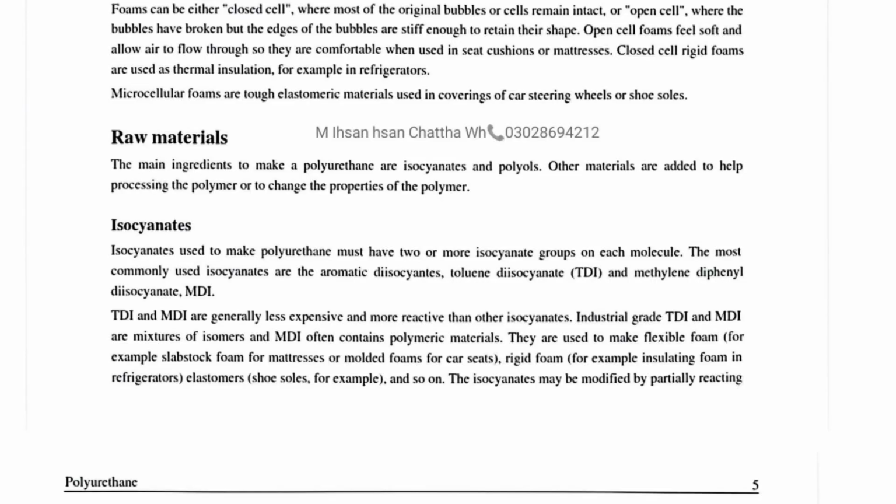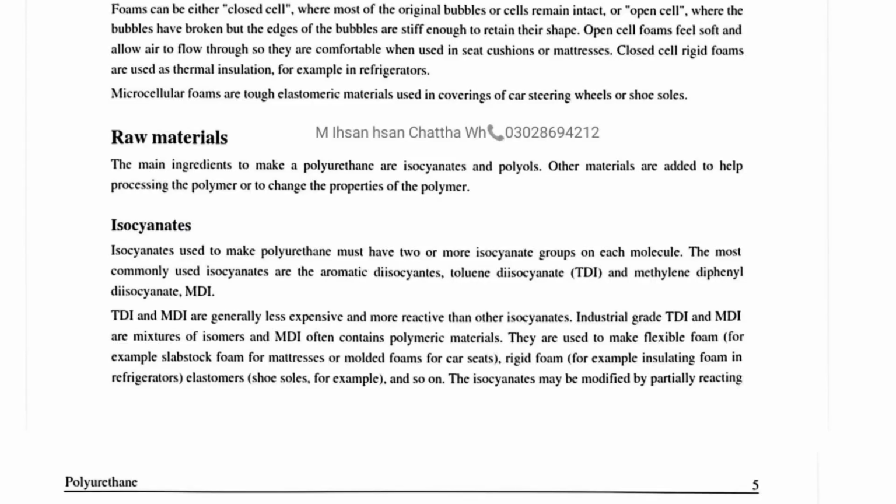The isocyanate used to make polyurethane has at least two isocyanate groups, and mostly aromatic isocyanates are preferred. Here, diphenylmethane diisocyanate and toluene diisocyanate are mostly taken.